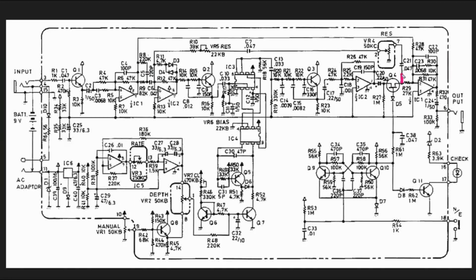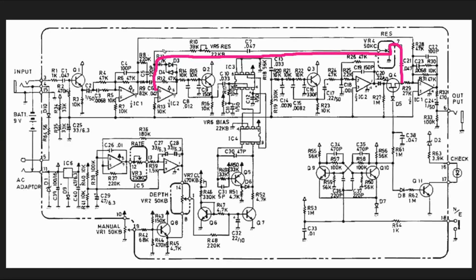The second is that we go through a DC blocking cap. We have a level potentiometer. It's set up as a voltage divider, and it goes through a cap, through a trim pot and a fixed resistor, and then it comes down and gets summed in to this op-amp stage where we take our dry signal and we're taking feedback from our delayed signal.